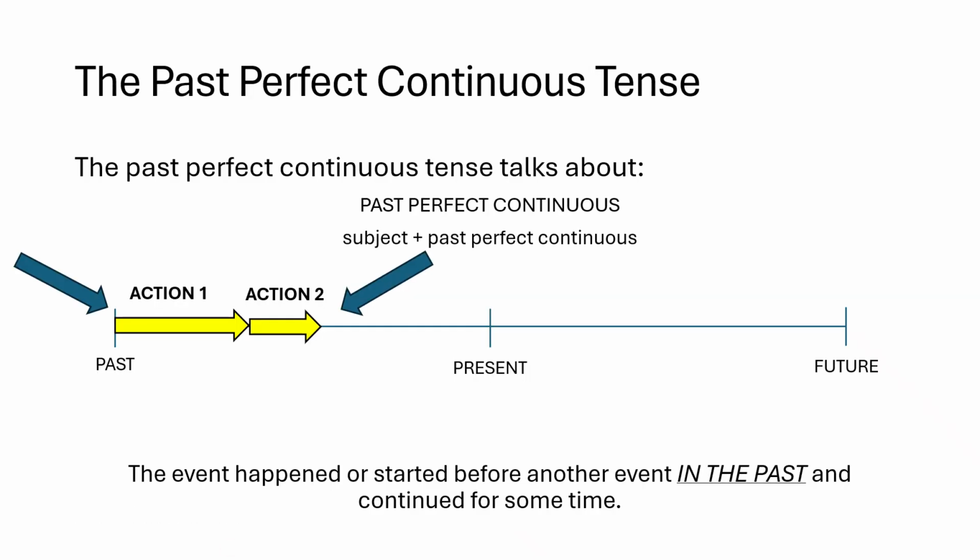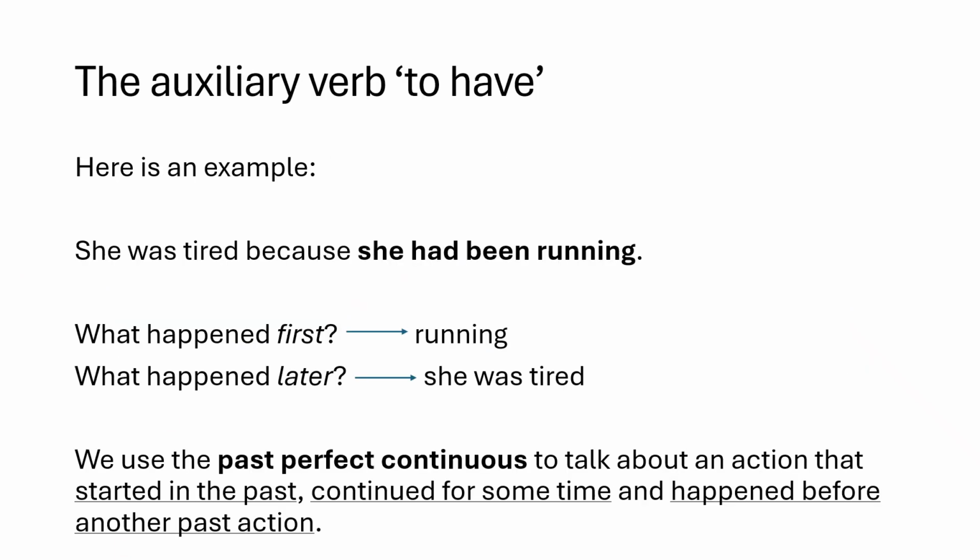This diagram shows what the past perfect continuous tense looks like. One action happened before another action in the past and continued for some time. Here is an example.